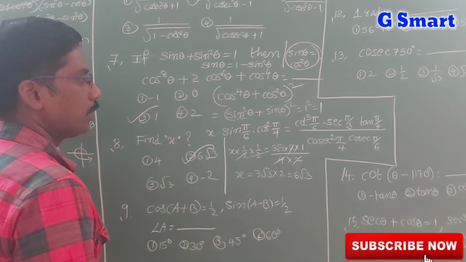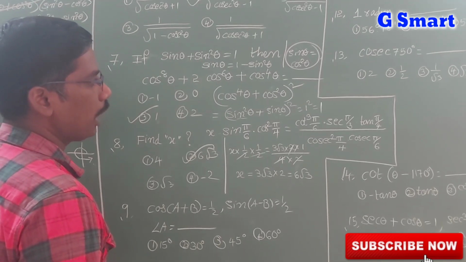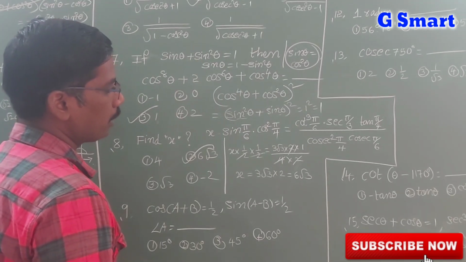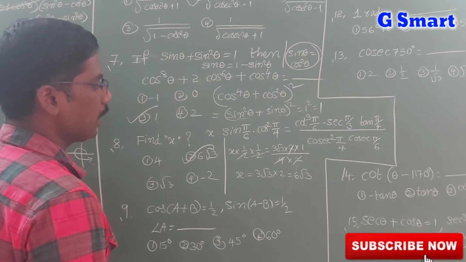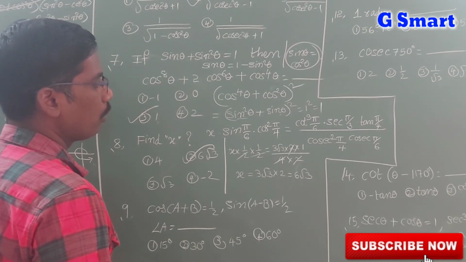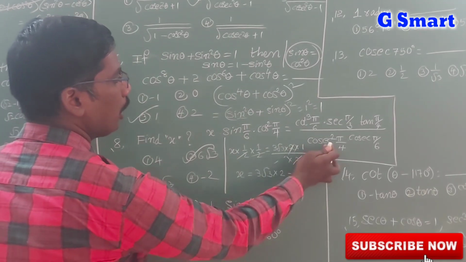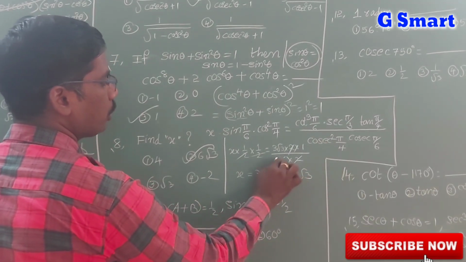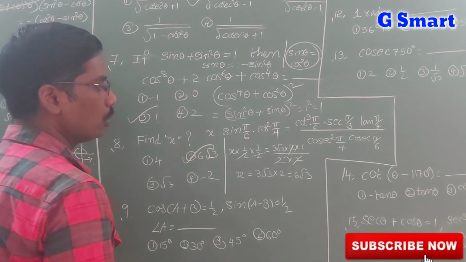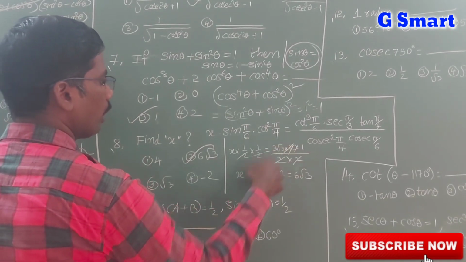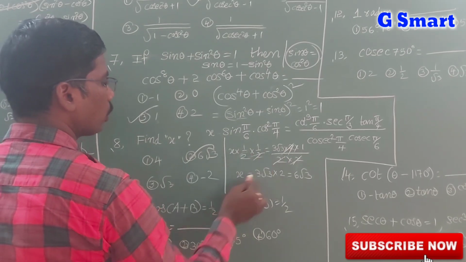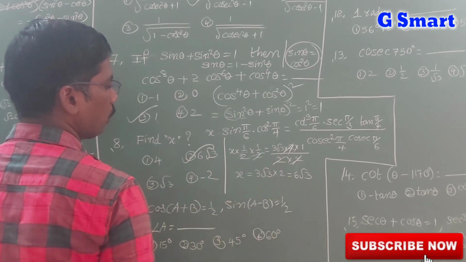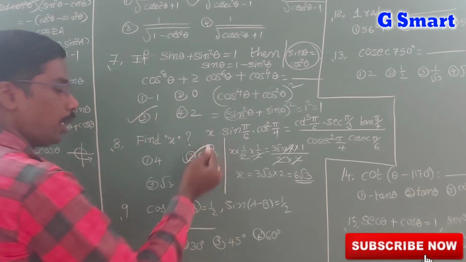Secant 60 means 2, tan 45 is 1, and cosecant square 45 means root 2 whole square means 2. So 2 and 2 will get cancelled, and 2 and 2 will get cancelled. One more 2 is there. So 2 into 3 root 3 is 6 root 3. So answer 6 root 3 is the correct answer.